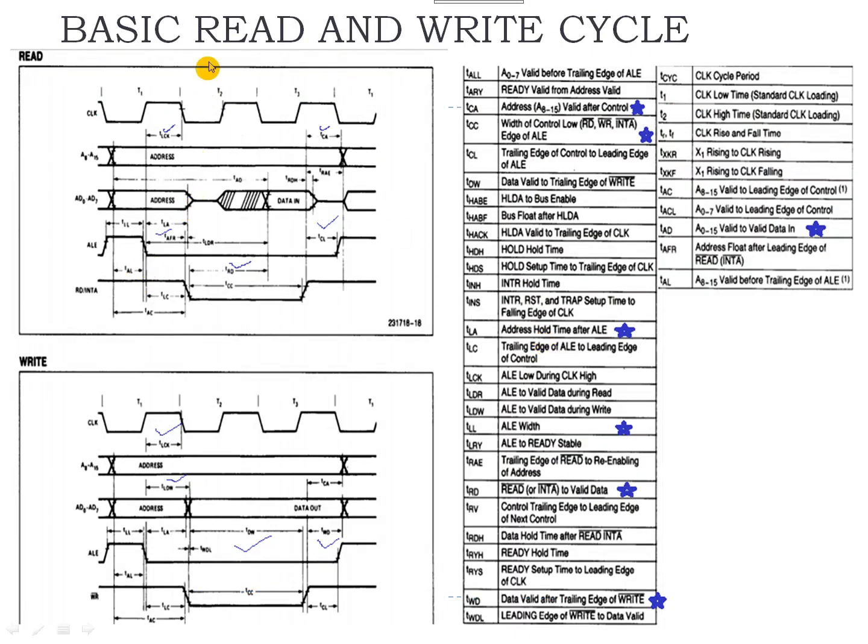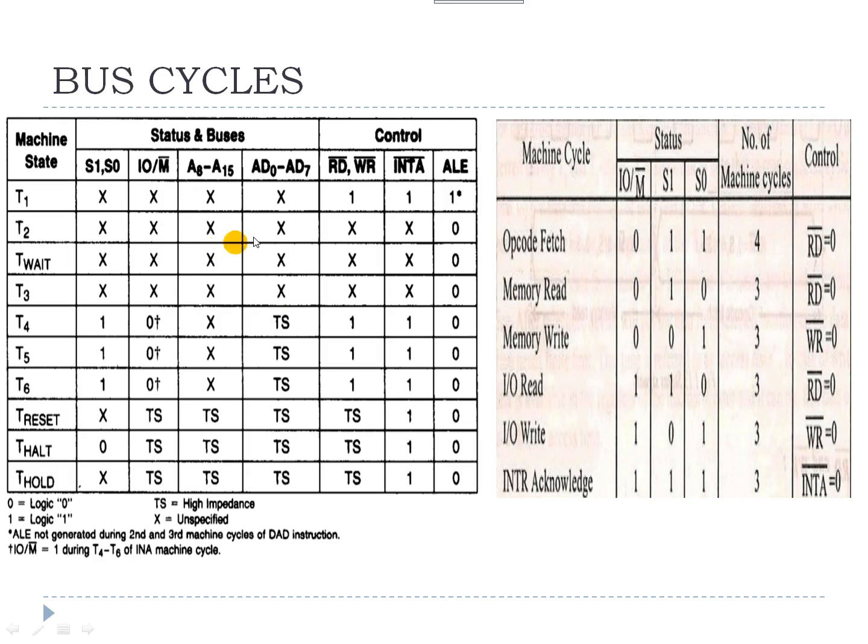You can notice here that after the ALE there is some stalling operation, so in the T2 cycle also you will have this stalling operation. That's why the ALE is 0 and other signals are marked. Here the memory read of the chip is done.